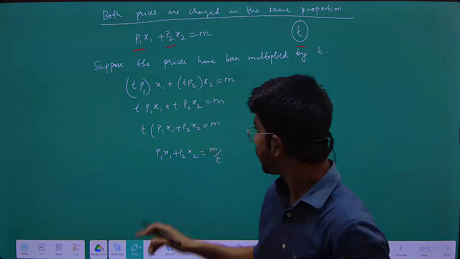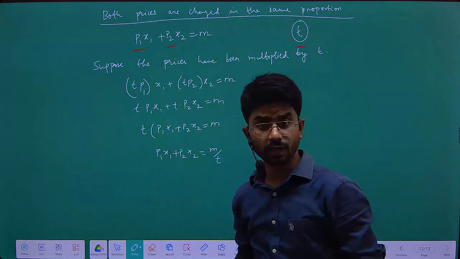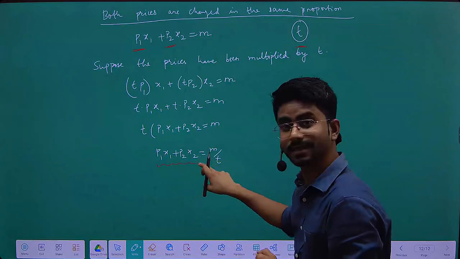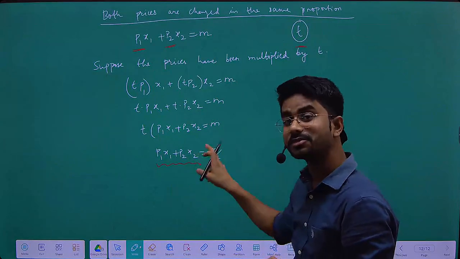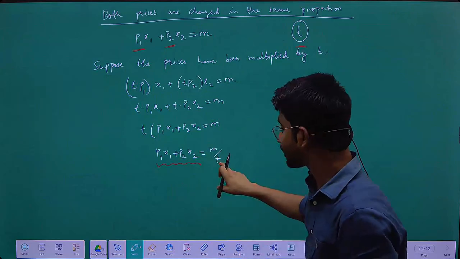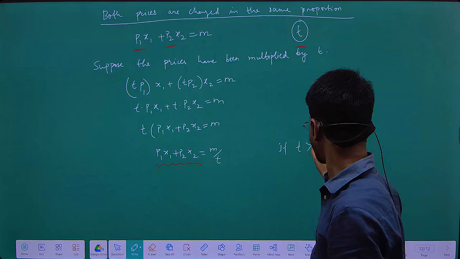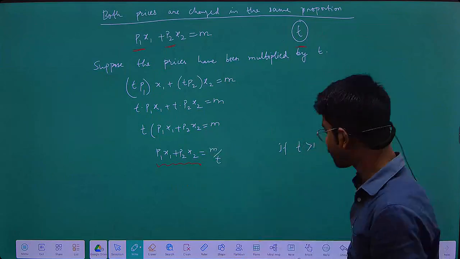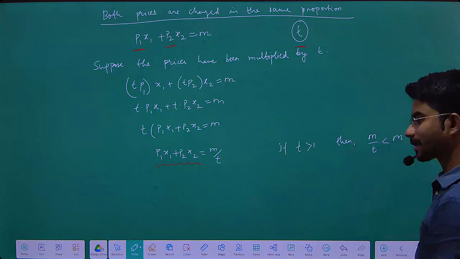इसका मतलब क्या हुआ, अगर सेम रेशियो में अगर दोनों प्राइस चेंज हुआ, इसका मतलब है आपका प्राइस एक तरह से सेम ही है, और चेंज क्या हुआ, आपका इनकम चेंज हुआ। अगर T ग्रेटर देन 1 है, देन आपका मनी इनकम फॉल करेगा, then you will have M upon T less than M. Okay.